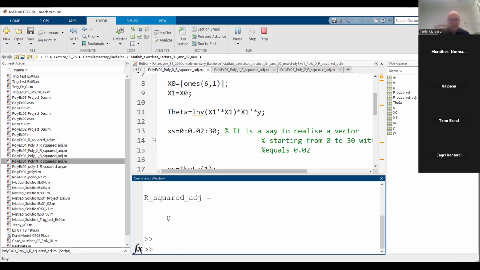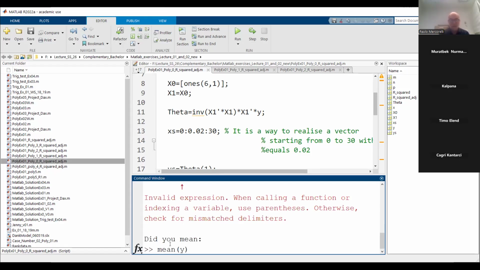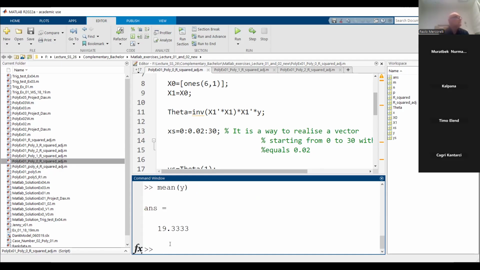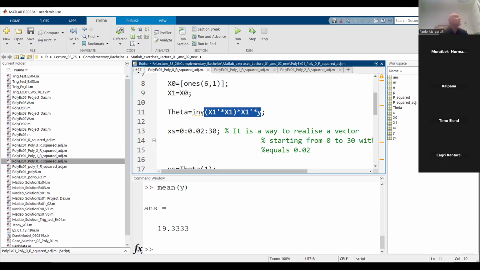We can also calculate it, but this is the mean value of what? Excuse me. It's the mean value which comes from the analytical solution, which is this one, in case of polynomial 0. Let me consider the polynomial 1.